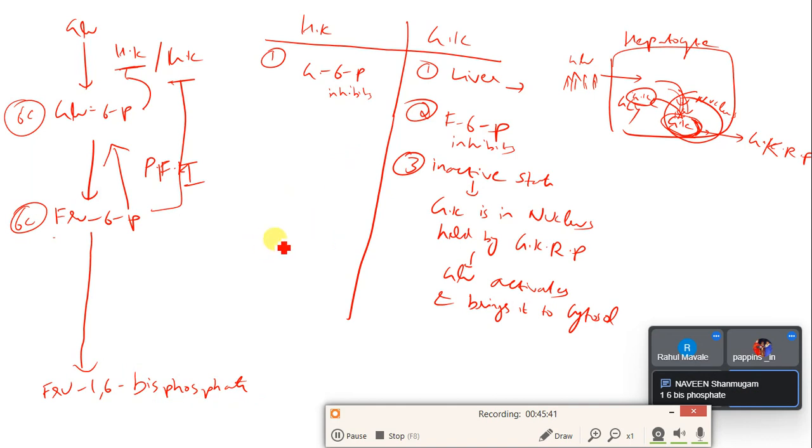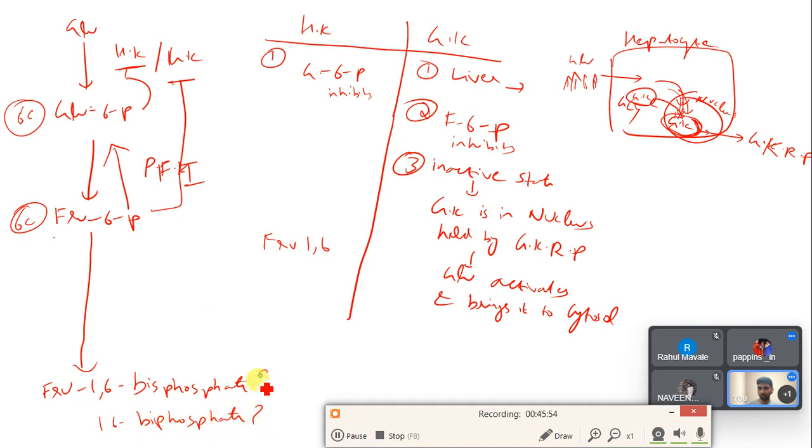Now tell me one thing. Are these both the same? If I write 1,6 biphosphate, is it right? Which one is right, 1,6 bisphosphate or 1,6 biphosphate?